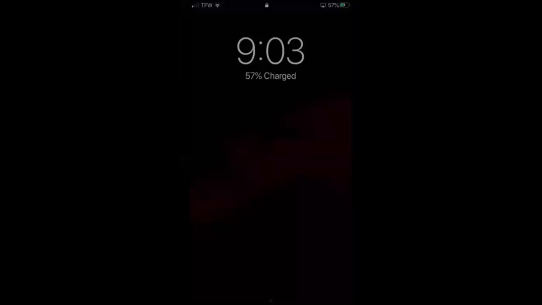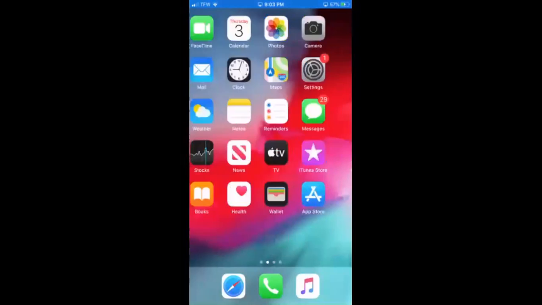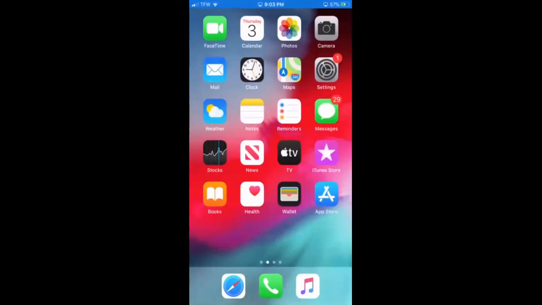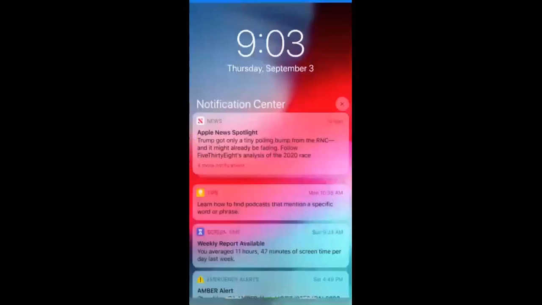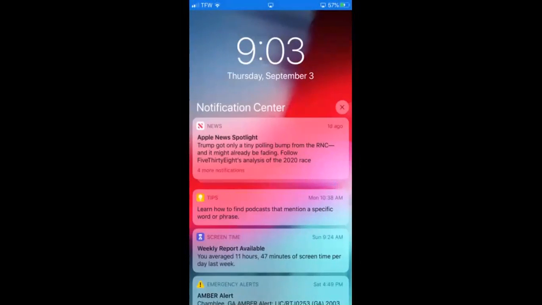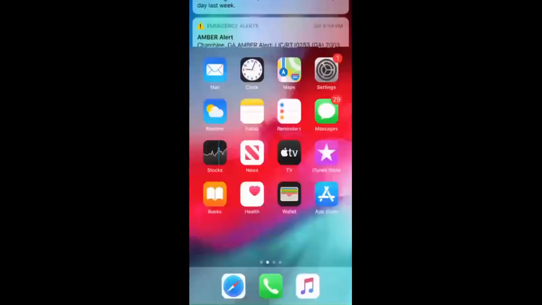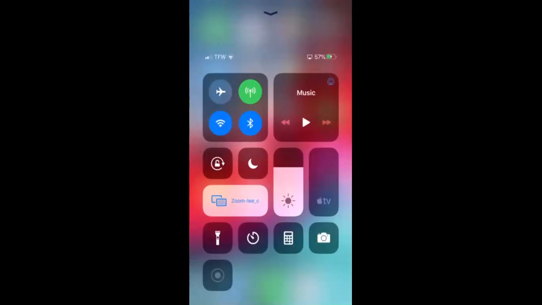All right, here's my settings. Well, not exactly. If you pull it from the top, it should show a couple of different settings. Okay, try the bottom one then. Yeah, you probably have a different phone. I got an iPhone 6. Okay, do you see that little lock rotation thing? Try that. Maybe that'll help.